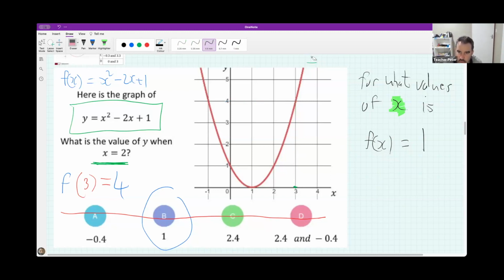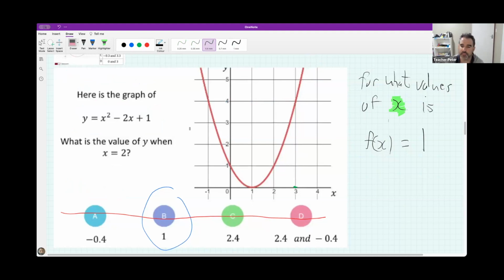And I want you to look at the drawing and see if you can figure out which ones. You have to give me answers though. And it's values, plural. So for which values of x is f of x equal to 1? I'll give you one tip. You could also say for which values of x is y equal to 1. That means exactly the same thing.